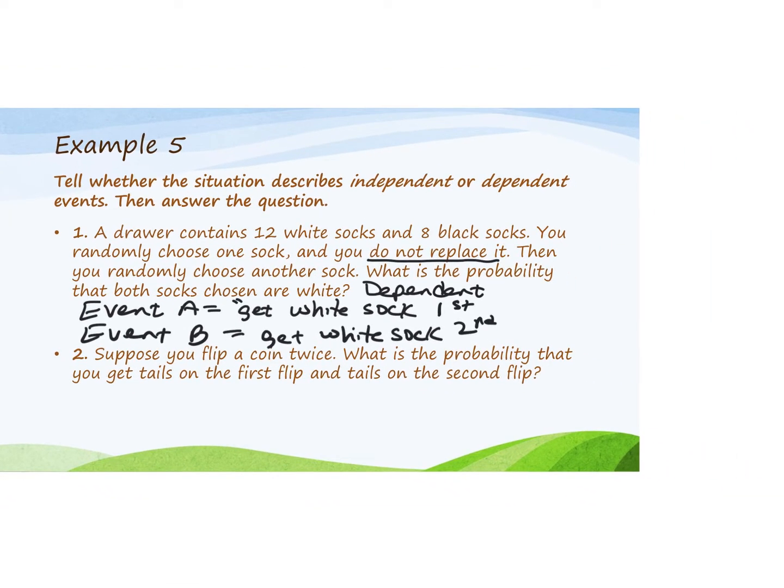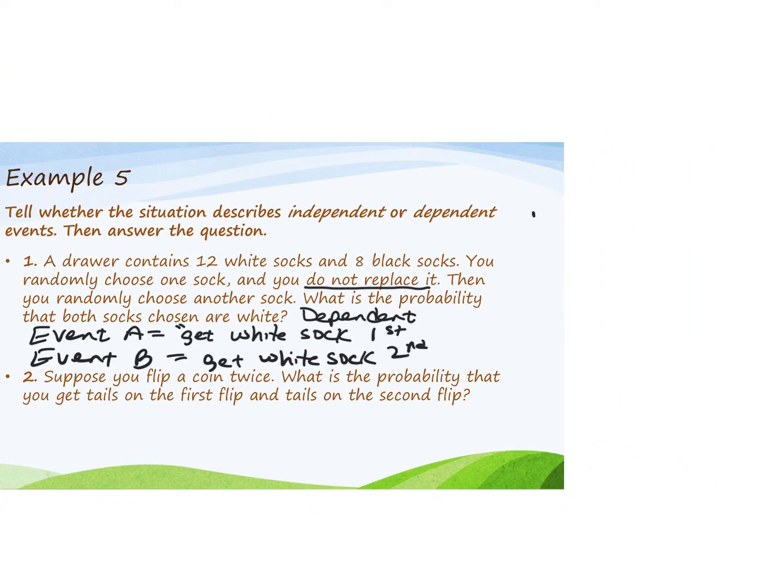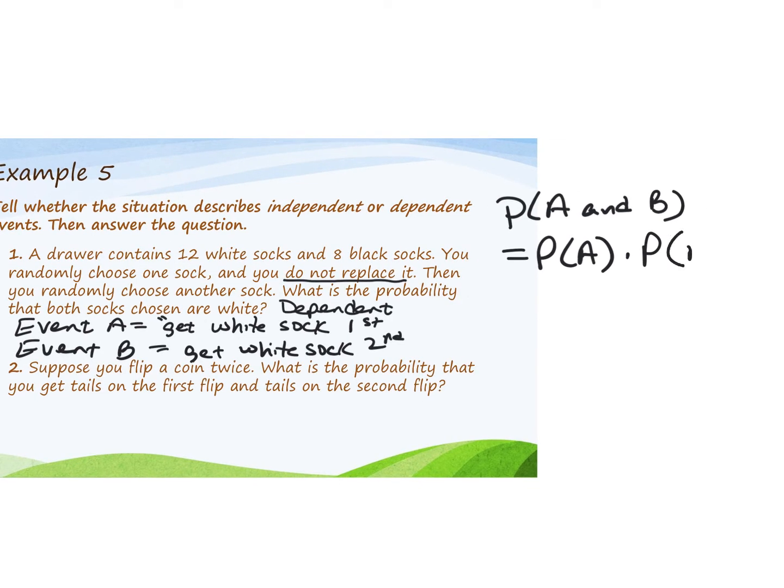So what I'm going to be doing here is the probability of A and B, but because this is dependent, I'm doing probability of A times the probability of B given that A happened, that I pulled the white sock out. So let's go ahead and do each simple probability.